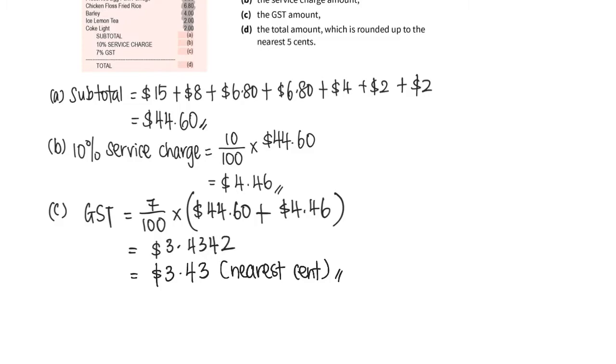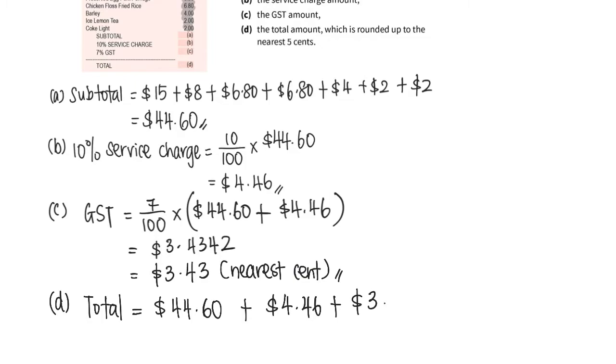And the grand total means add everything up. $44.60. I need to add the service. I also need to add the GST, and do take note, because this is part of the working, I don't use the rounded off value.